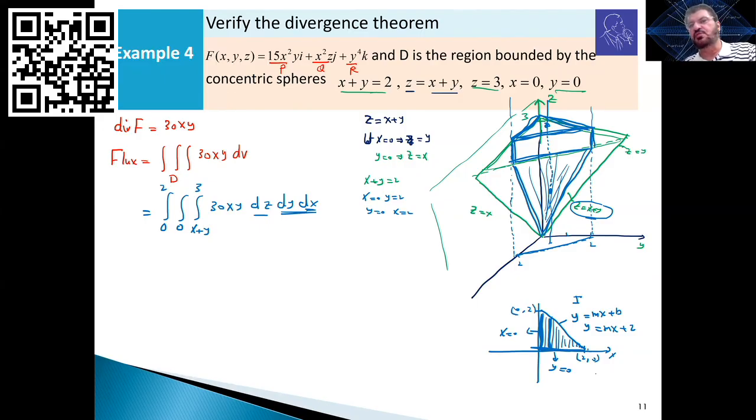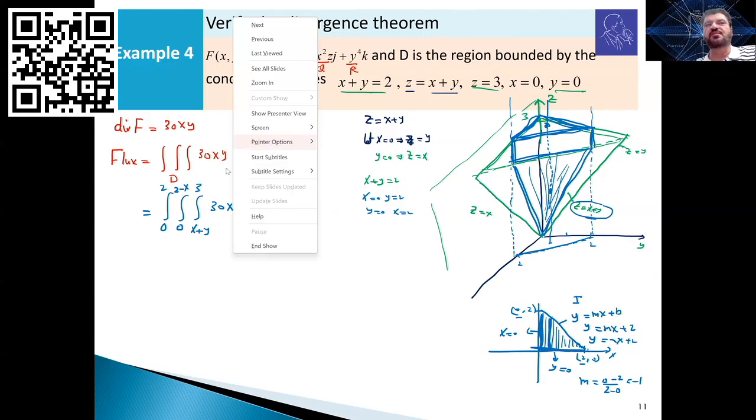So m is (0 minus 2) over (2 minus 0), which is negative 1. So this is y equal minus x plus 2. So y goes from 0 to 2 minus x.